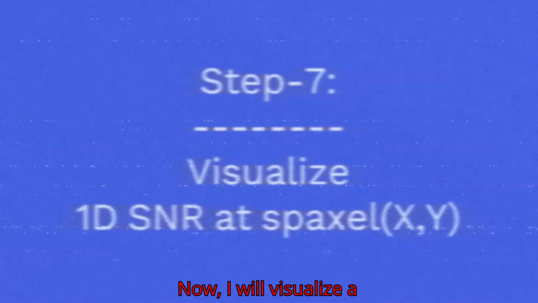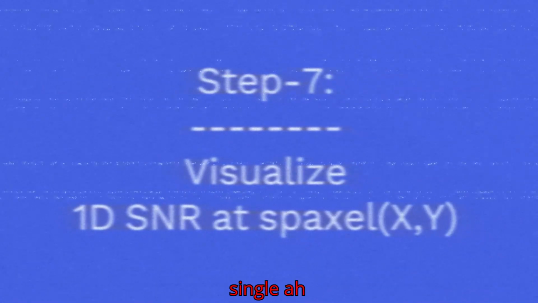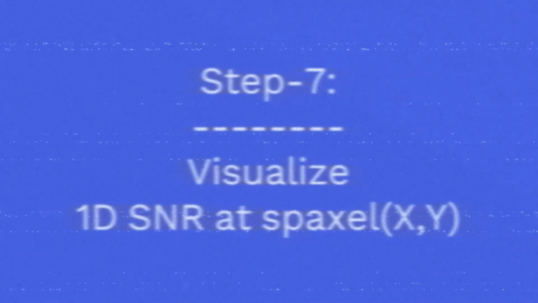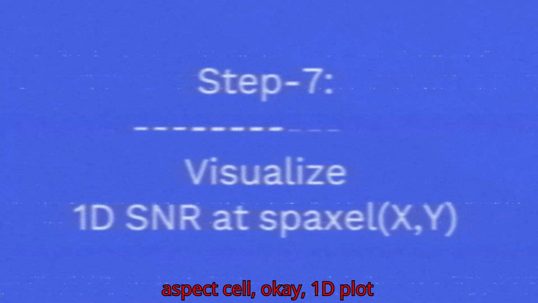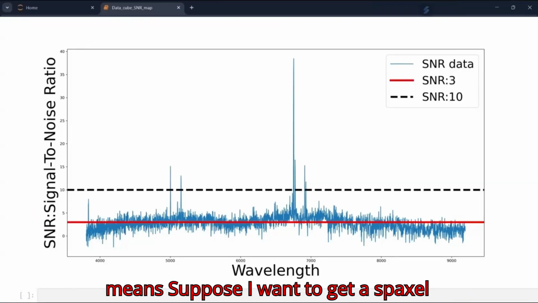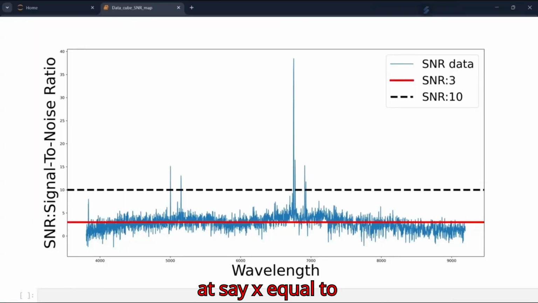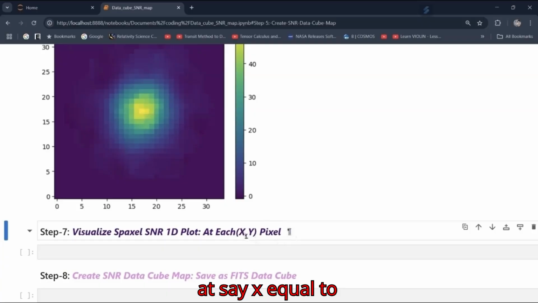Now I will visualize a single spectrum. Suppose I want to get a spectrum at, say, x equal to 17 at the center.